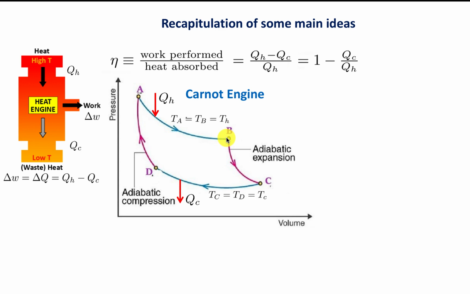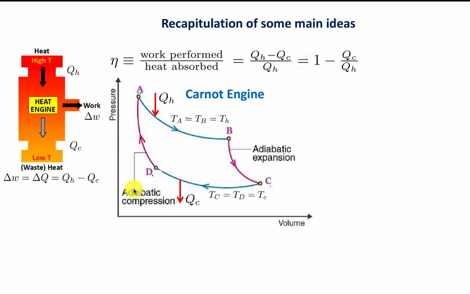Then, in the second phase, the gas expands adiabatically, which means without loss of any heat to the environment or gain of heat from the environment, before it is compressed by a piston, and its volume decreases until one reaches the point D. All along this path, the temperature is constant. It's held in contact with the low temperature reservoir, so the temperature is T cold. And then the gas is adiabatically compressed by the piston, and it travels on this path.